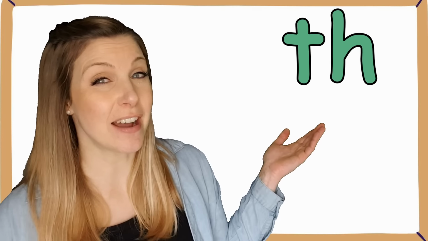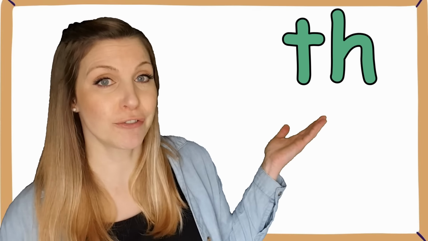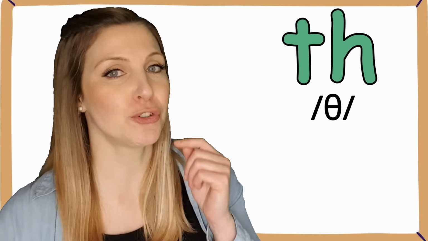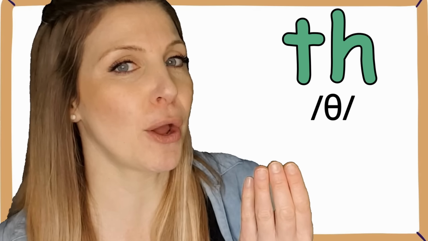Now this digraph actually has two versions of its new sound. The first one is a soft sound, and that sounds like this. You put your tongue at the top of your teeth like this and blow out air. And this is the soft sound, like in the number 3.